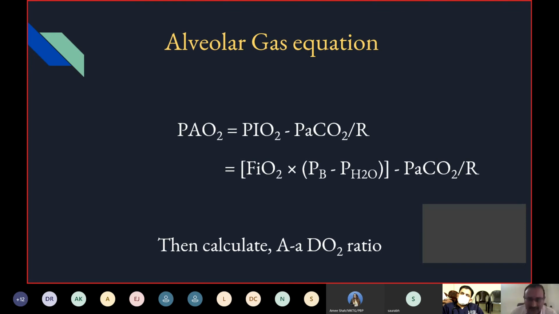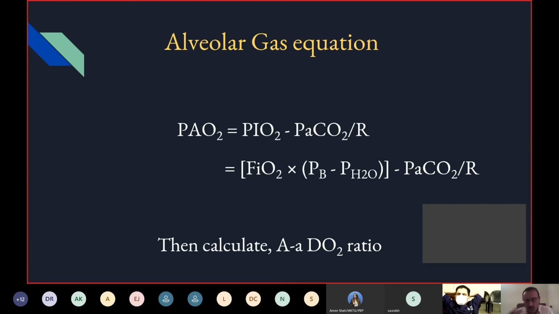So how do you calculate the amount of oxygen that the patient is being given? That is the PAO2, capital P A O2, the partial pressure of alveolar O2. The alveolar O2 can be calculated from this equation. And what is there in this equation?